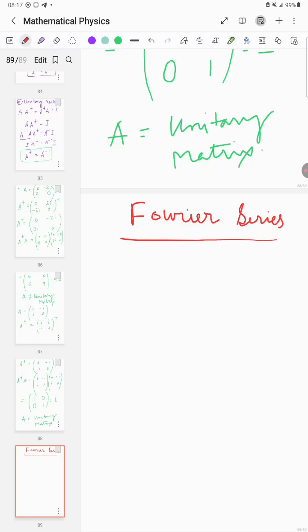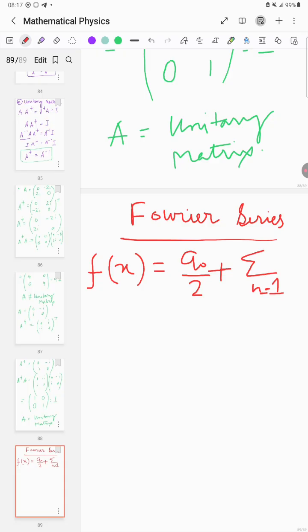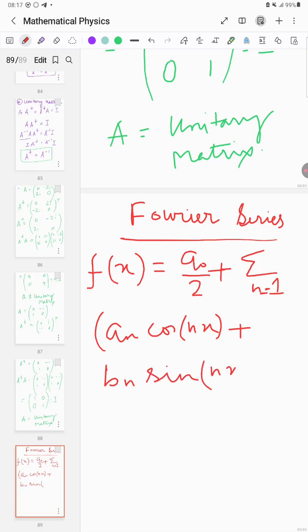Let us first write the expression. f of x is equal to a naught by 2 plus the summation over n from n equals 1 of an cos nx plus bn sin nx. So this is the representation of a Fourier series.